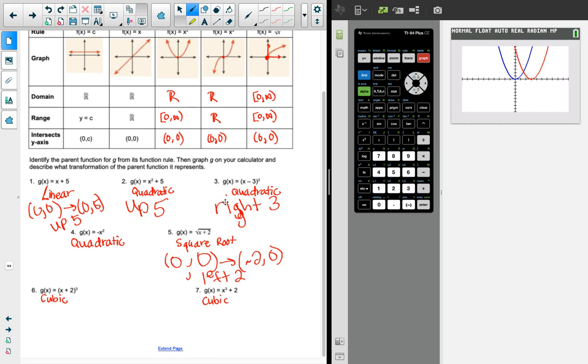As we're going through and doing these, I want you to try and compare and see how they look different. So like x plus 5, that moved up 5. X squared plus 5, well, that also moved up 5. This quantity of x minus 3 squared, well, that moved right 3. Okay. All right, let's take a look at this negative x squared.